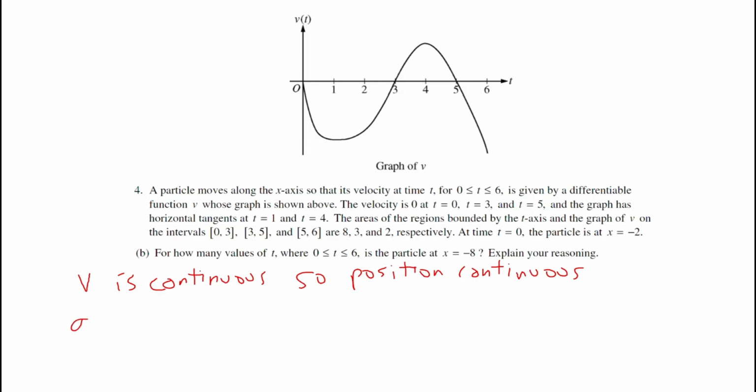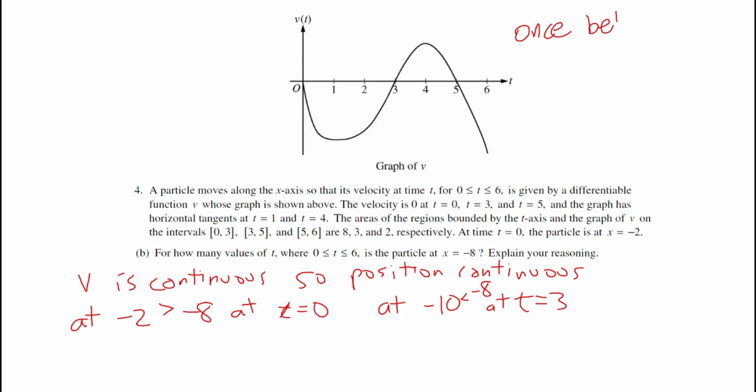We know it's at -2, which is greater than -8, at t equals 0. And then we knew that the particle is at -10 at t equals 3, and -10 is less than -8. So if we went from -2 to -10, that'd be once. We're going to say once between t equals 0 and t equals 3.